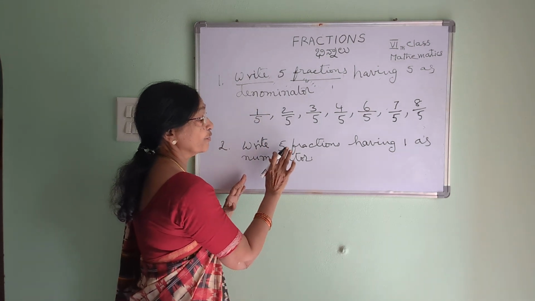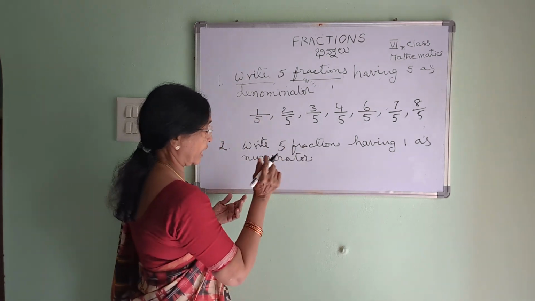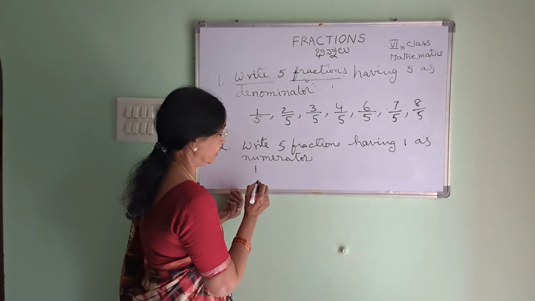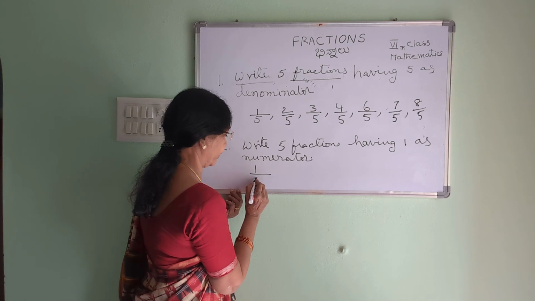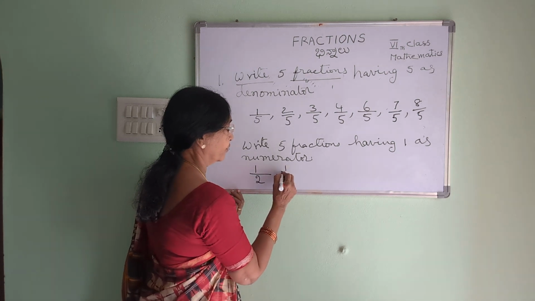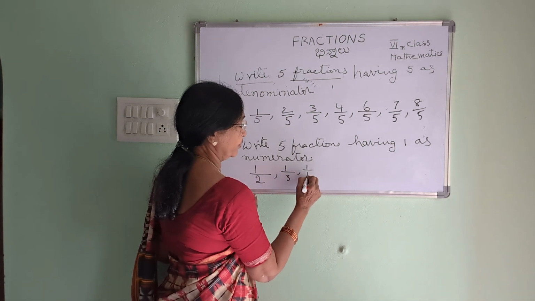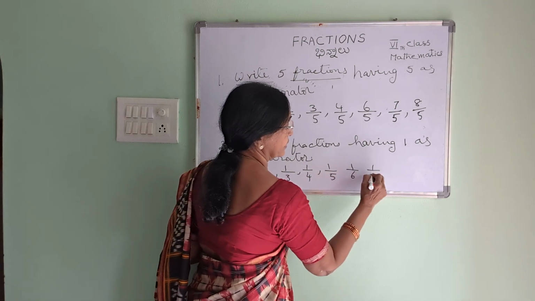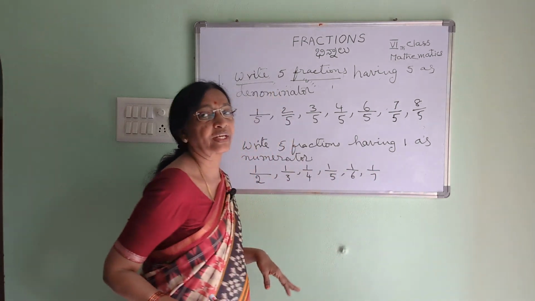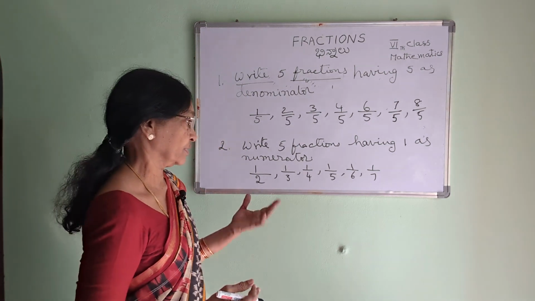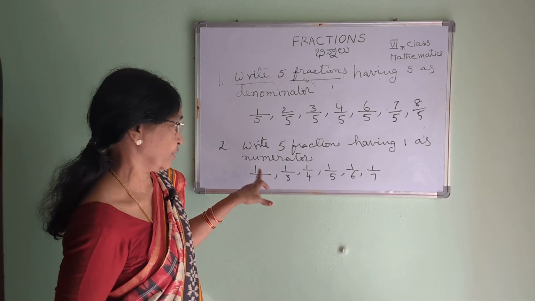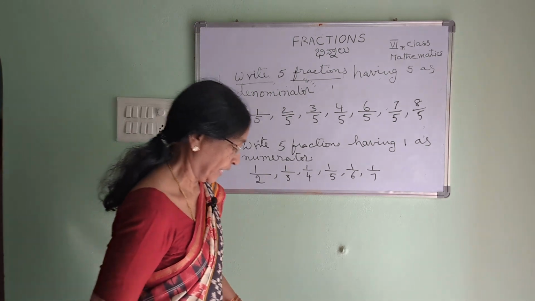So write 5 fractions having 1 as numerator. So numerator must always be 1. So 1 by 1 or 1 by 2, 1 by 3, 1 by 4, 1 by 5, 1 by 6, 1 by 7. We can write as many examples as we can. So 5 fractions: 1 by 2, 1 by 3, 1 by 4.